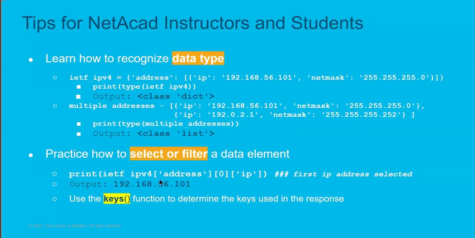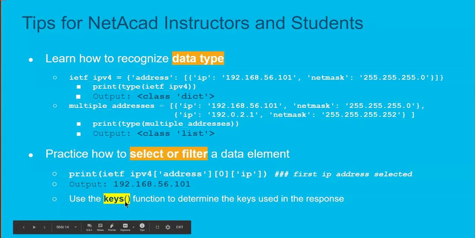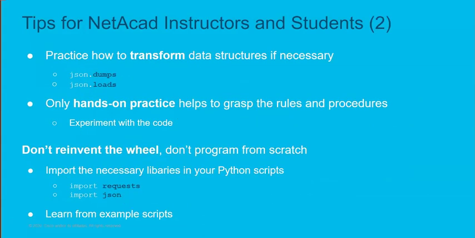You can only do certain operations if you are sure that it's the correct type. And then you can start filtering, especially when it's a dict, because dicts have keys and values. And if you want to find out the keys of the response data, you use a function with the name of keys. That's something we will be practicing in the workshop.